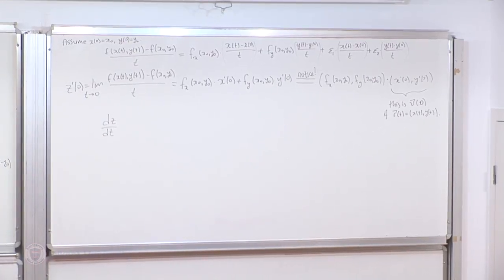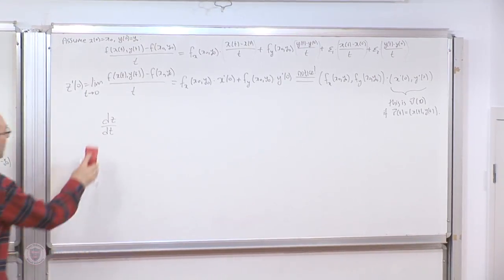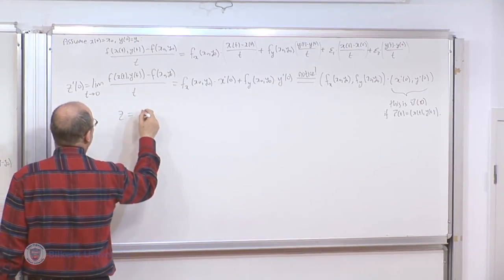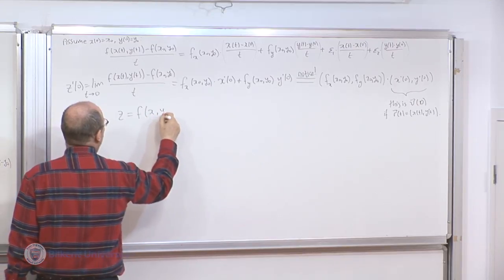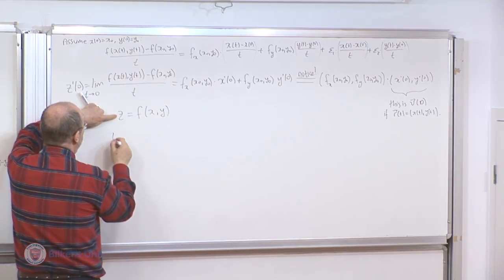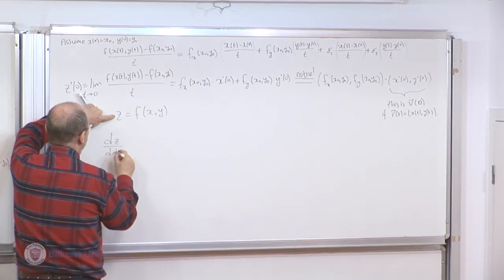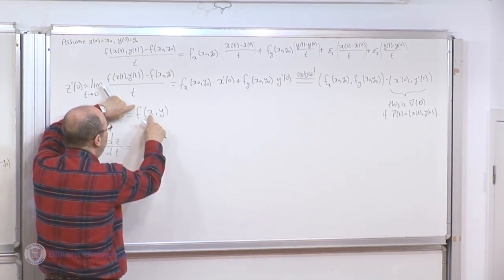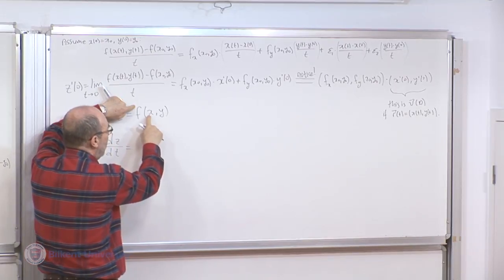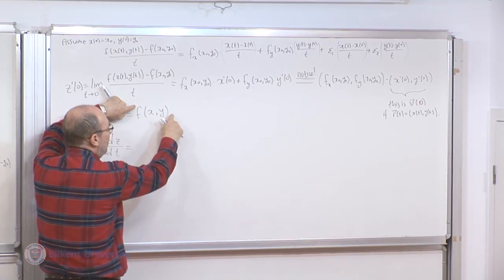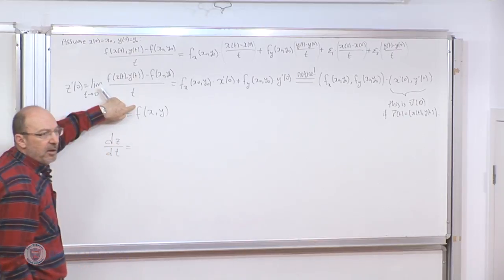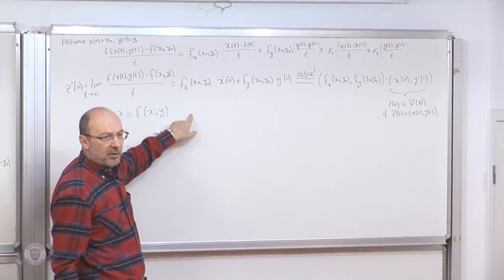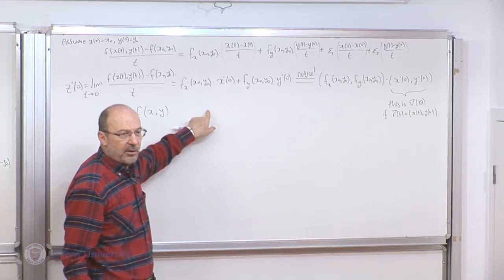Remember that derivative is equal to this, so maybe I write it to show how we are writing this, f of x, y. Okay, derivative of this with respect to t is equal to derivative of this with respect to the first variable times the derivative of the first variable, plus the same thing with the second, plus if we have 35 more variables, you keep adding the same thing. The derivative of this with respect to this variable times the derivative of this variable, plus you continue.